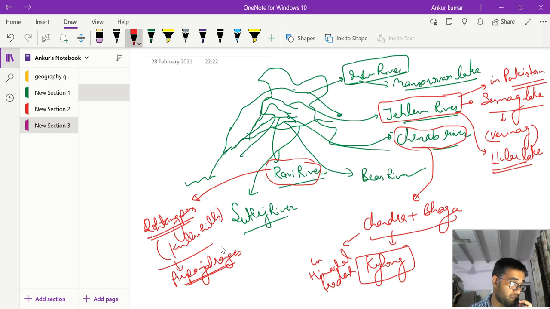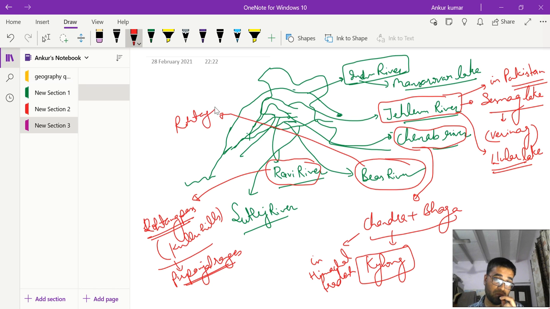So this is about the Ravi River. Moving on to the next river, the Beas River. Beas River also originates close to Rohtang Pass, and the Beas River meets the Satluj River at Harike.